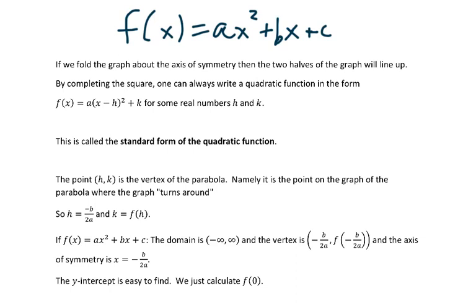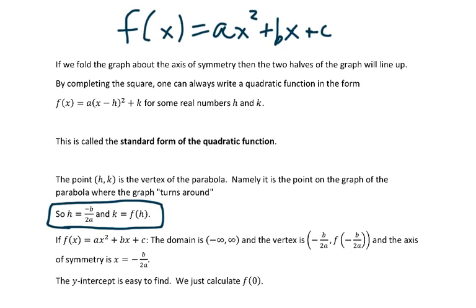What's nice is that, I think they prove it in the book, you can get h and k in terms of a and b. Let me put it in a box here: h turns out to be negative b divided by 2 times a, and k is just f of h. Keep in mind, a is not 0, so this does make sense.